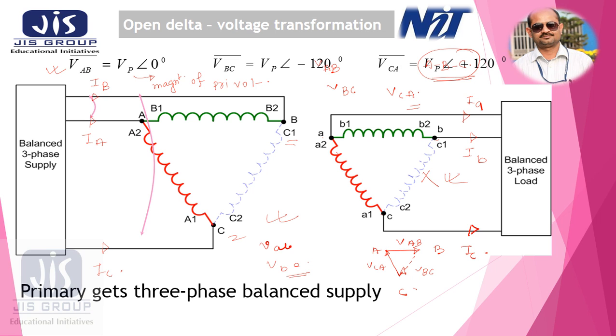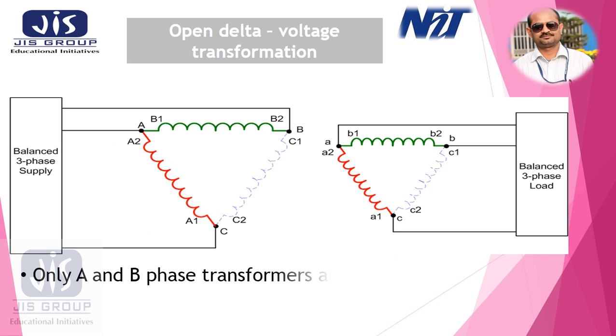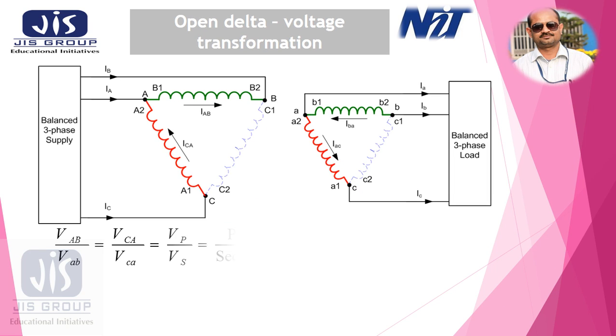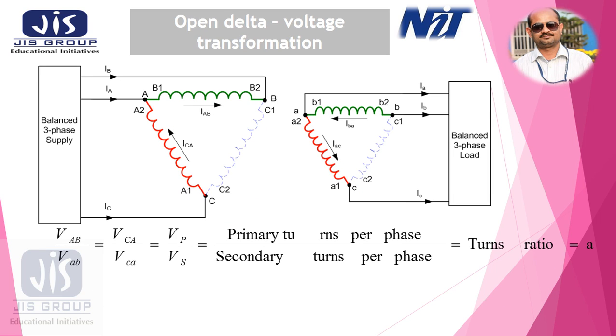That means from the basic principle, we can say VAB primary by secondary, V1 by V2, equals the same in magnitude, and VCA primary by secondary equals the ratio of the turns, primary turns per phase and secondary turns per phase.